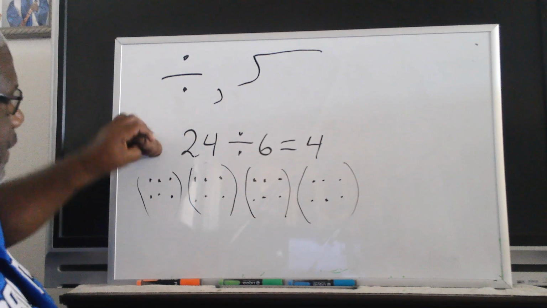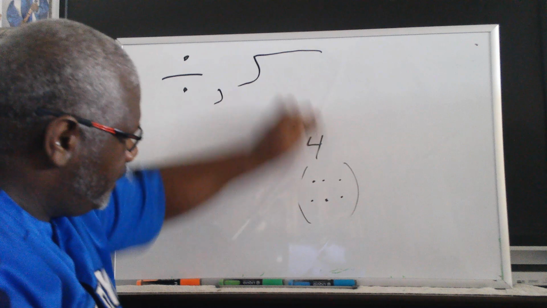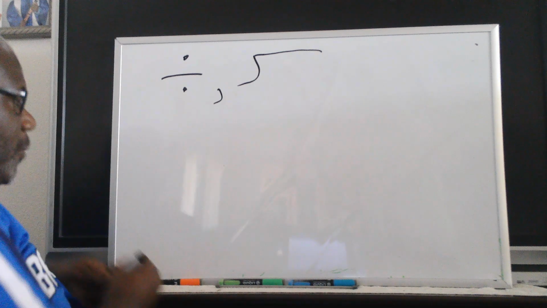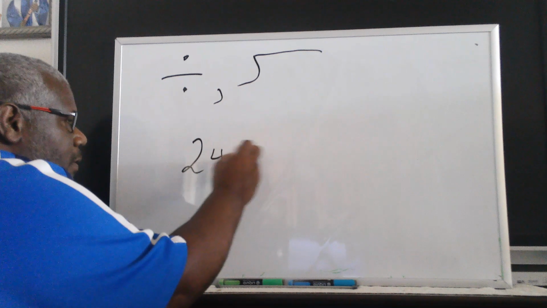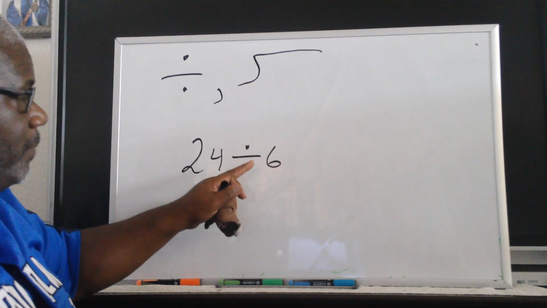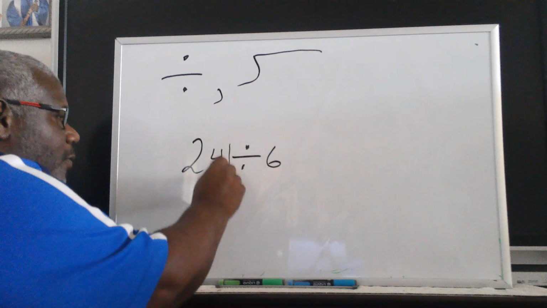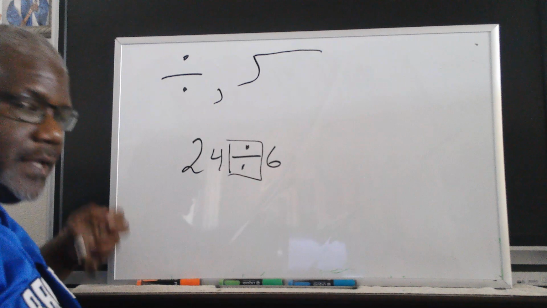Now, I want you to see something before we go any further. I'm going to write this way. Now, this means a few different things. This symbol right here, it does mean division. I was going to say divisor.